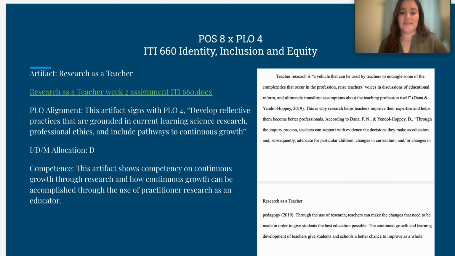This artifact went along with PLO 4, which is develop reflective practices that are grounded in current learning science research, professional ethics, and include pathways to continuous growth. The allocation was D. This artifact shows my competency on continuous growth through research and how continuous growth can be accomplished through the use of practitioner research as an educator.